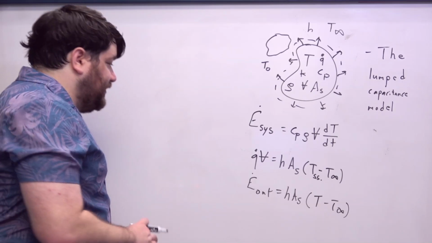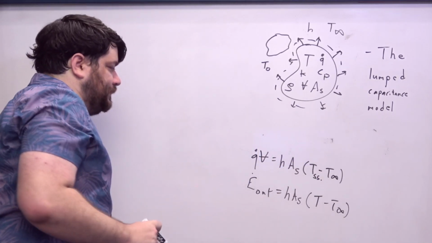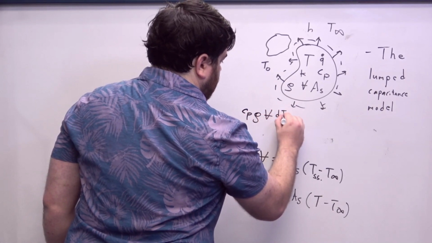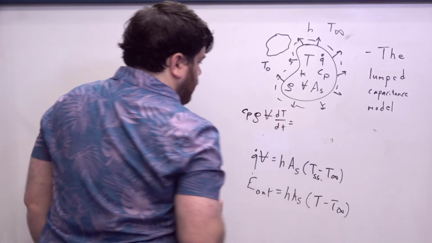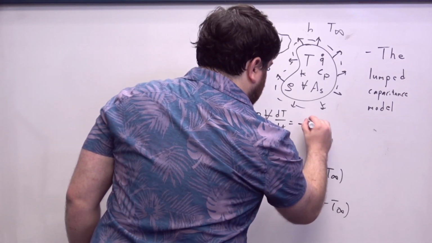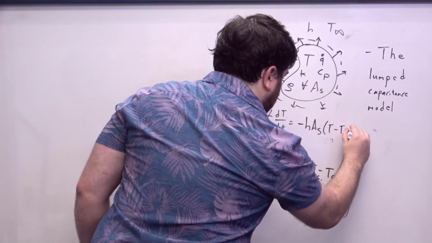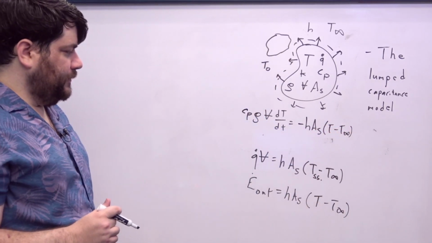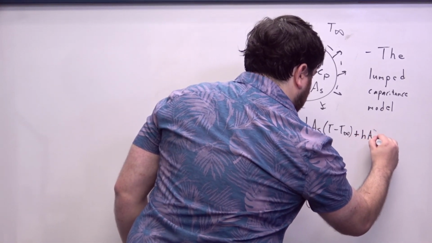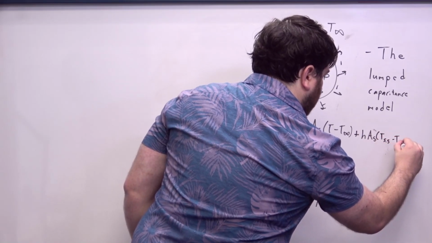And so if we write down the entire equation that we had before, something funny is going to happen. Okay, so Cp rho times the volume, dT over dt. Well, this is equal to minus this quantity, so minus hAs (T minus T infinity), and then plus this quantity over here, hAs (Ts,dot minus T infinity).